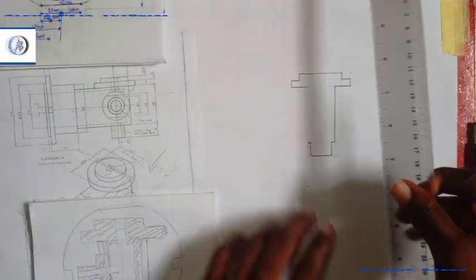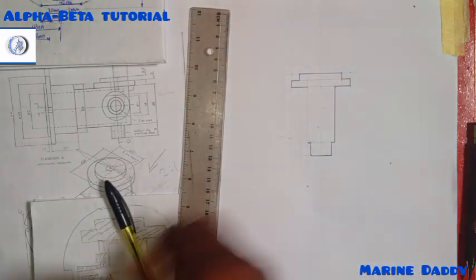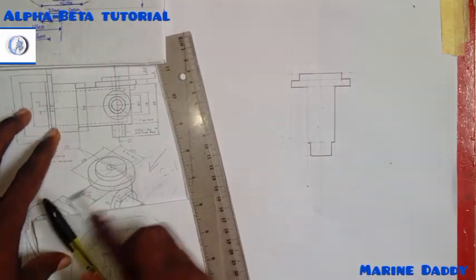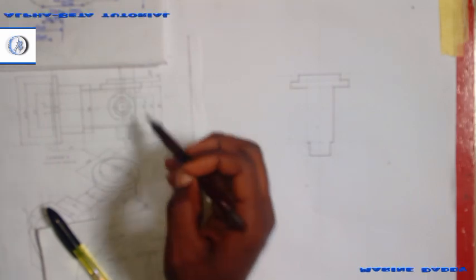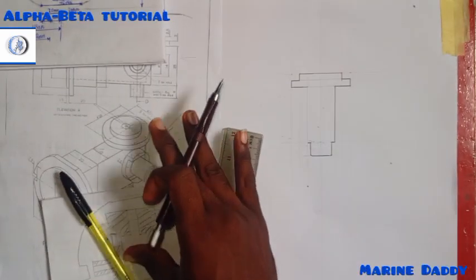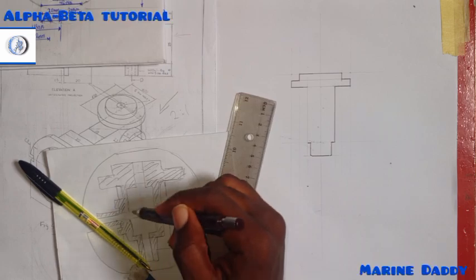The other part of the drawing, from this side going down, they told us that, okay, let's look at it from this. Now I want to draw this side.